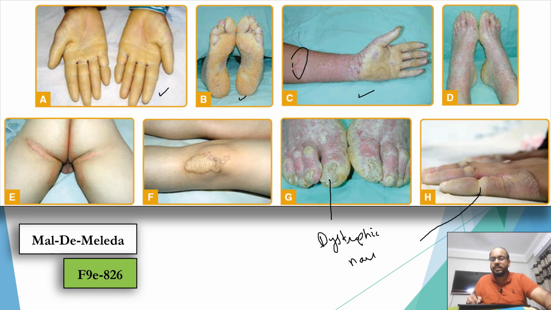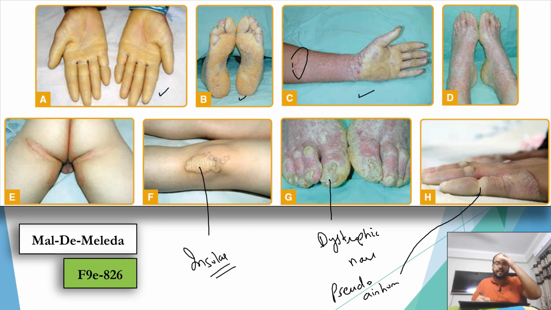And here you can see the pseudo-ainhum formation over the fingers. It is constricting, you can actually appreciate the constriction. And these are the insular involvement, or the localized involvement over the knees and elbows, which are characteristic of Mal-De-Meleda.